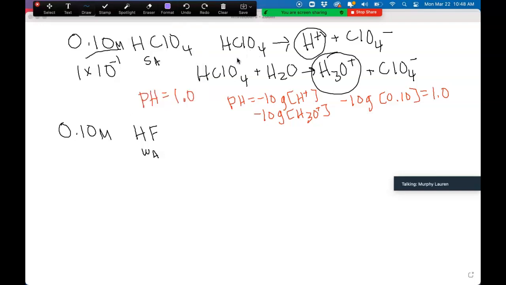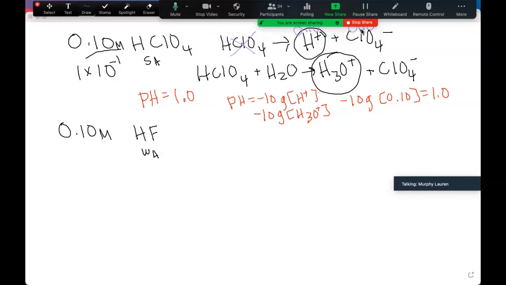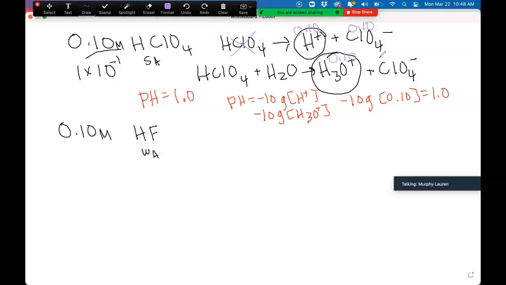So what does that mean? That means that it's not this guy that's in solution. It is this guy and this guy. 0.1 molar hydrogen ion, 0.1 molar ClO4 minus. Or 0.1 molar H3O plus, which is H plus, and 0.1 molar ClO4 minus. Okay?